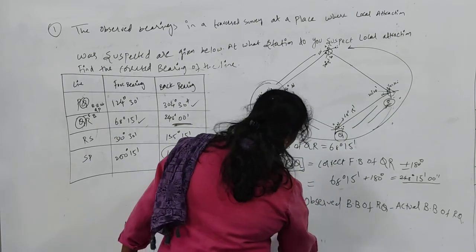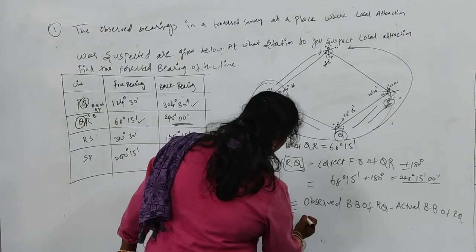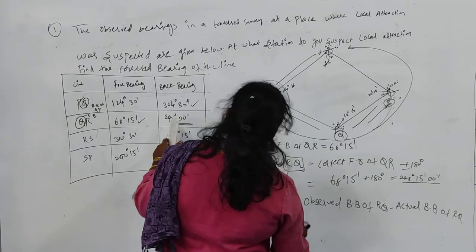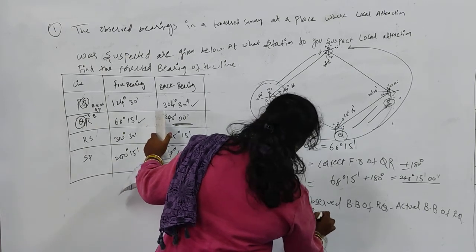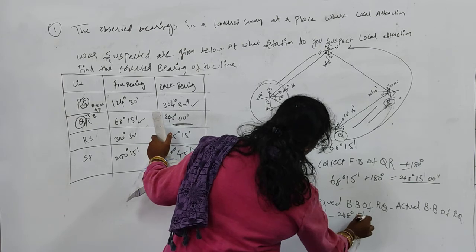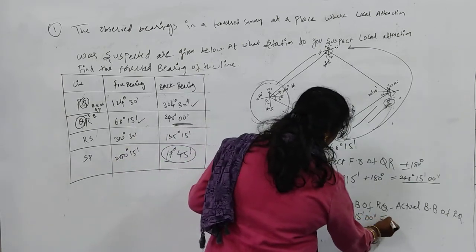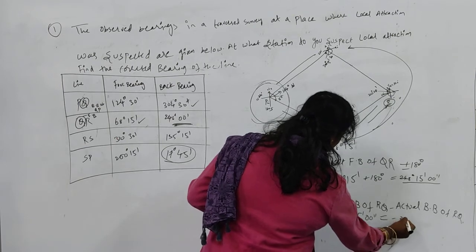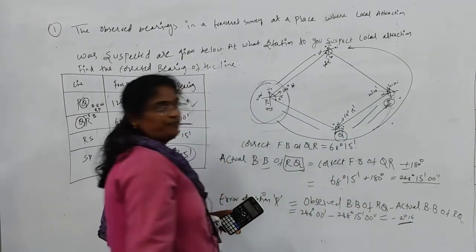What is observed back bearing here? 246 degrees 0 minutes minus 248 degrees 15 minutes. So the value will be minus 2 degrees 15 minutes.